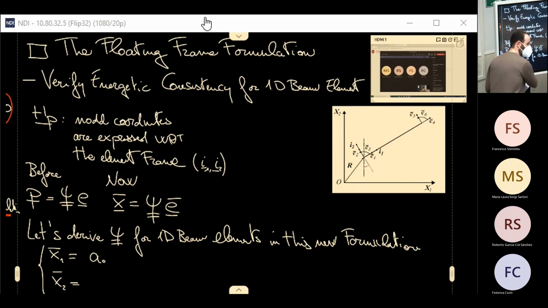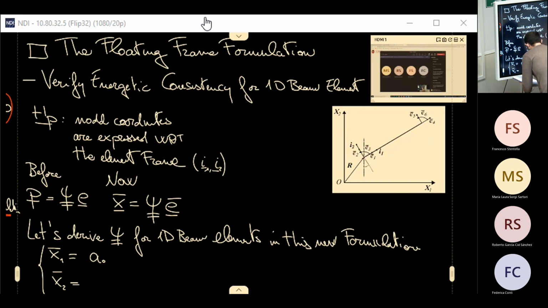But in this case, you see, it's not anymore P here. It's X over bar. We do not want to express directly the position of a point within the element with respect to the inertial frame. We pass first through the element frame, and then we will see what happens.